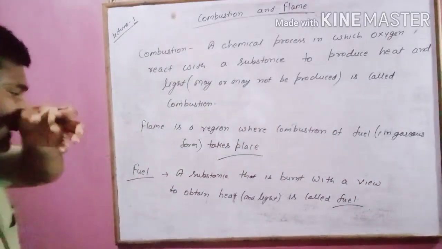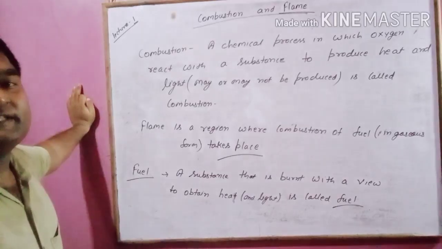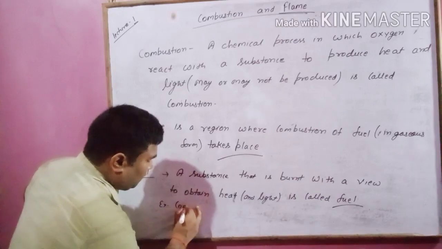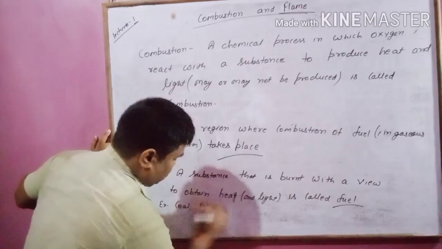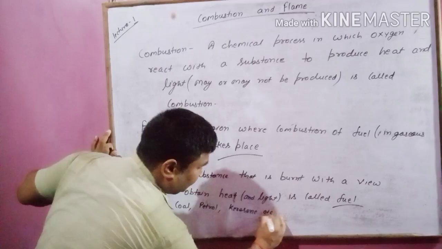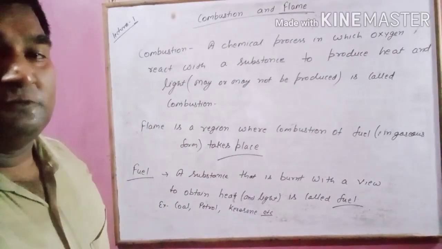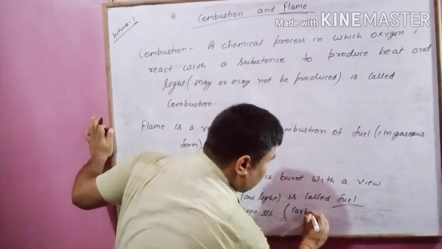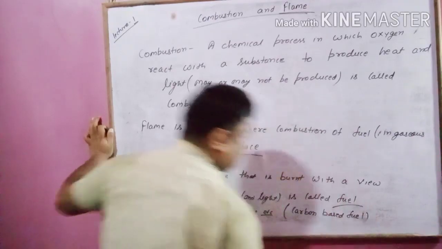Examples of fuel: coal, petrol, kerosene, etc. These are all carbon based fuels, meaning they have carbon content, so they are called carbon based fuels.